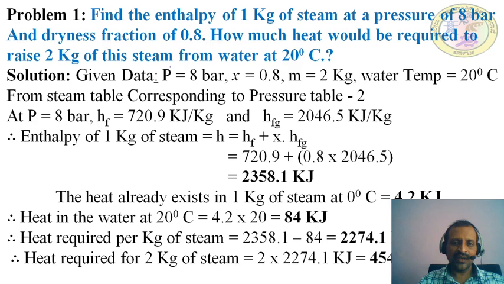So once again read it carefully, what is given in the problem and what he is asking. Find the enthalpy of 1 kg of steam. So the mass is 1 kg, right? At a pressure of 8 bar. Pressure is given as 8 bar. And dryness fraction is 0.8. When he has given the dryness fraction, then definitely the steam is what? It is wet steam.